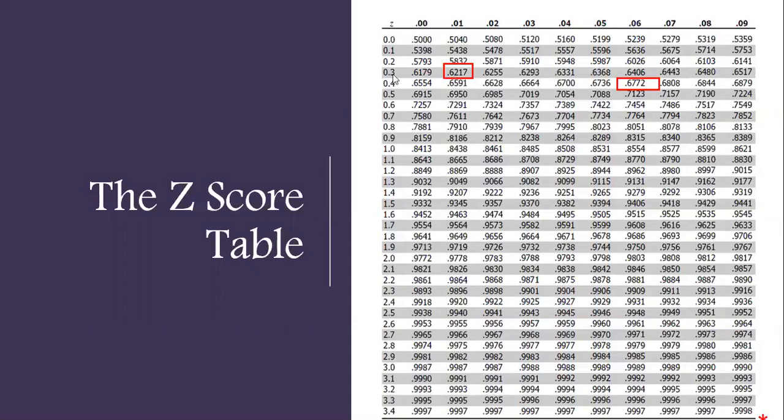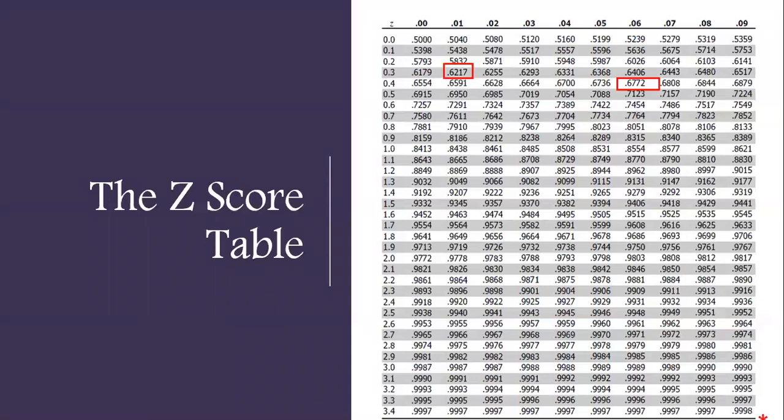Then I moved across to 0.01 in the horizontal row at the top of the table. So the exact percentile rank for the score 0.31 is 0.6217. In other words, this particular z-score falls at approximately the 62nd percentile rank in the distribution.